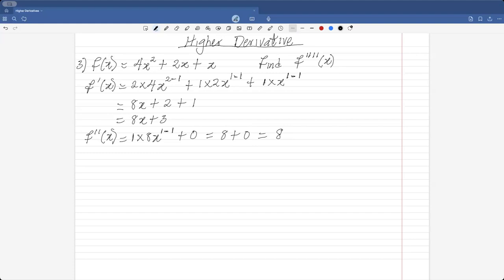So the third derivative, which is the derivative of the second derivative. Our second derivative is 8. 8 is a constant. So the third derivative of 8 is nothing but 0.